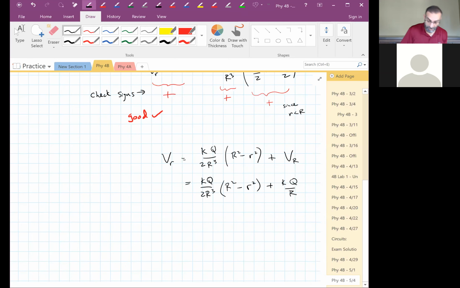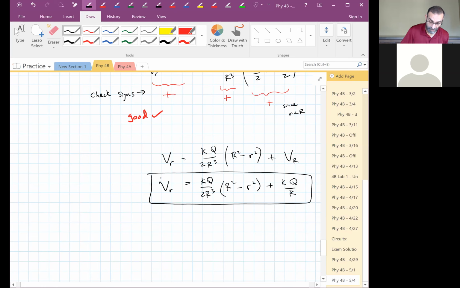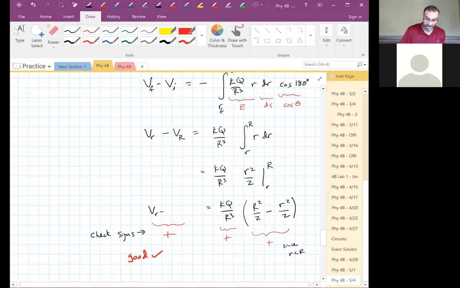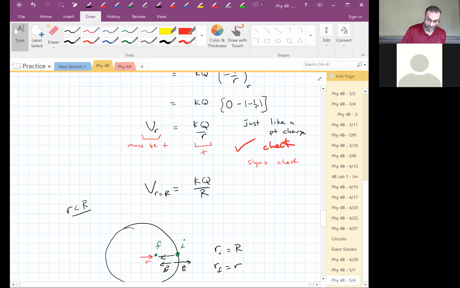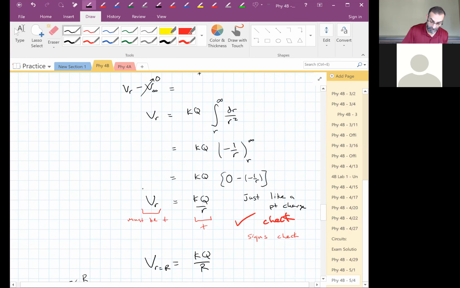So there's our answer. For V, for r less than the radius of our charge distribution, this is what we get. And our answer for the previous question was right here.